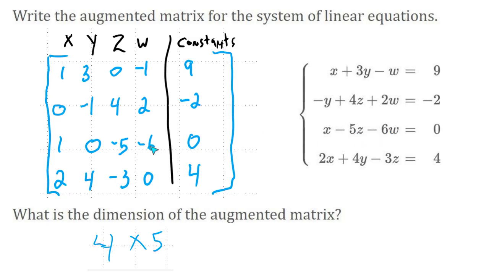The coefficient of w is -6. And then we have 0. And then the last one, the coefficient of x is 2. Then we have 4, -3, 0, and 4. And so if we look at this augmented matrix, then we see that we have 1, 2, 3, 4 rows, and 1, 2, 3, 4, 5 columns. So that would be our dimension.